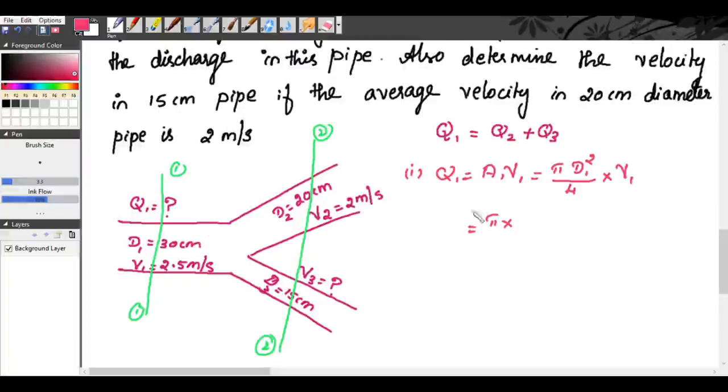Convert it into meter. So it is 0.3 meter square divided by 4 into, because velocity is in meter per second, 2.5 meter per second. We get this Q is equal to, substituting the values for pi, 0.1767 meter cube per second.